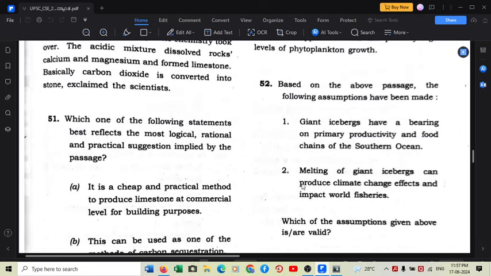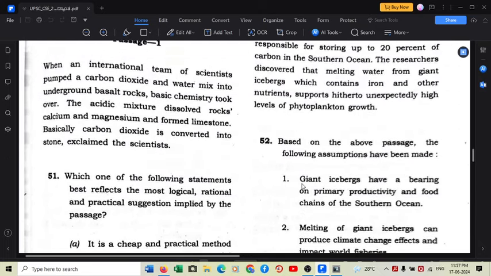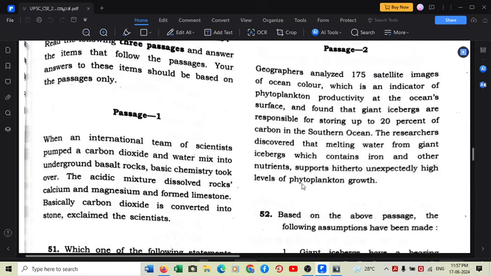Another passage, a small one here. Geographers analyzed 175 satellite images of ocean color, which is an indicator of phytoplankton productivity at the ocean surface, and found that giant icebergs are responsible for storing up to 20% of carbon in the southern ocean.